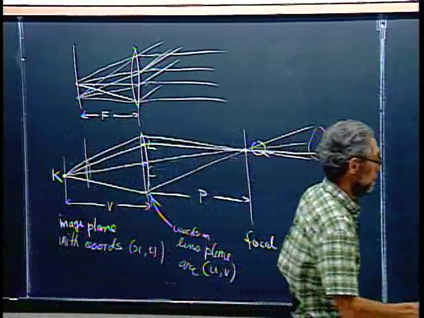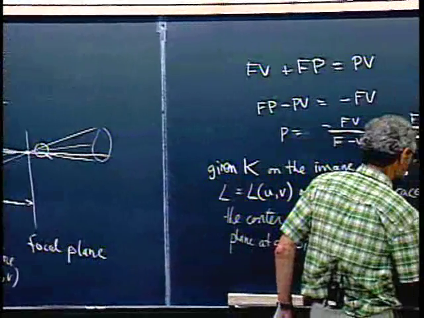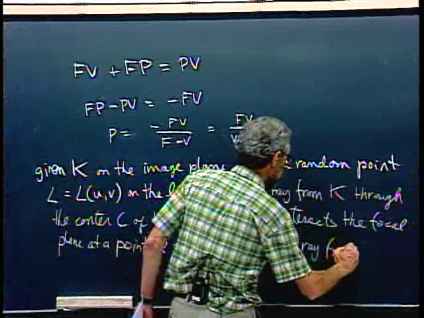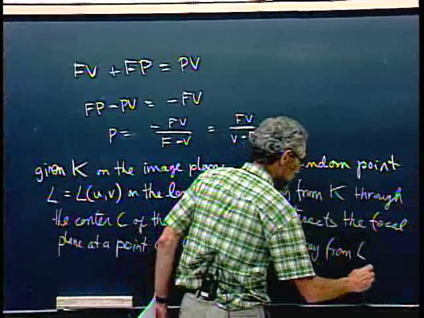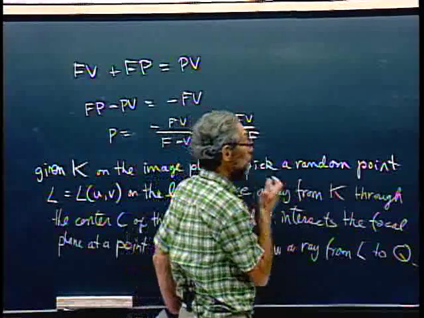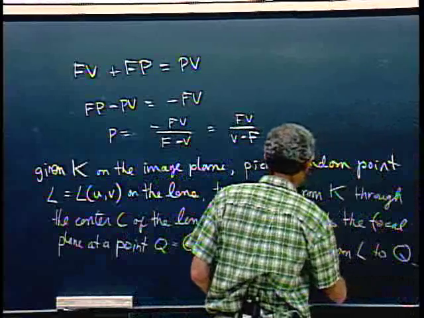And then we draw a ray from the point on the lens to Q. Okay, so why don't I call it a ray R?